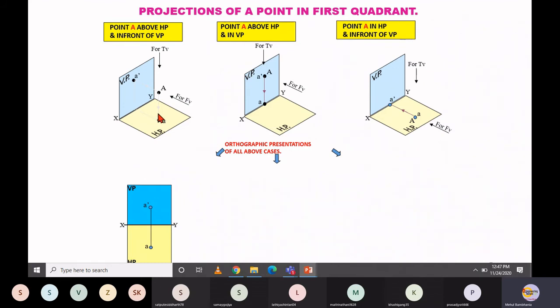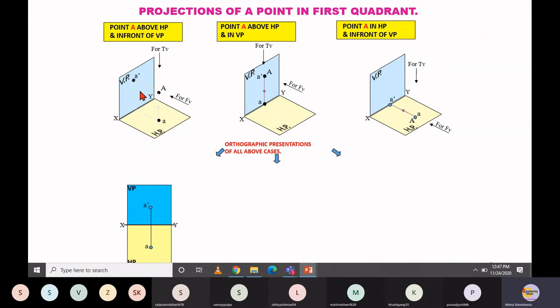That will decide the top view projection. This distance is already given in the statement. So based on that distance, you can decide where exactly you have to locate your top view projection. So this distance from XY, how far away from the vertical plane, decides the location of the top view, right? So this is how you have to look at this matter.